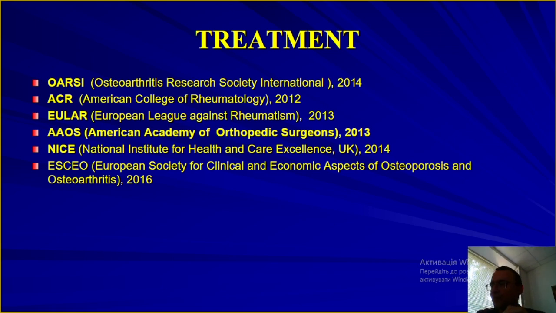There are a lot of organizations which deal with the treatment of osteoarthrosis. The most popular and most widespread organizations are depicted in the slide: the American College of Rheumatology, the European Anti-Rheumatic League, the American Academy of Orthopaedic Surgeons, and so on.